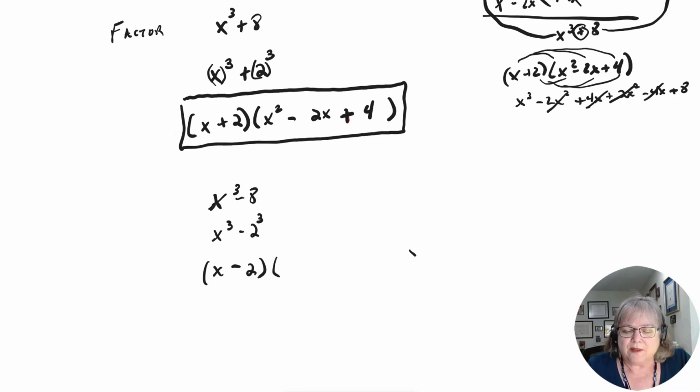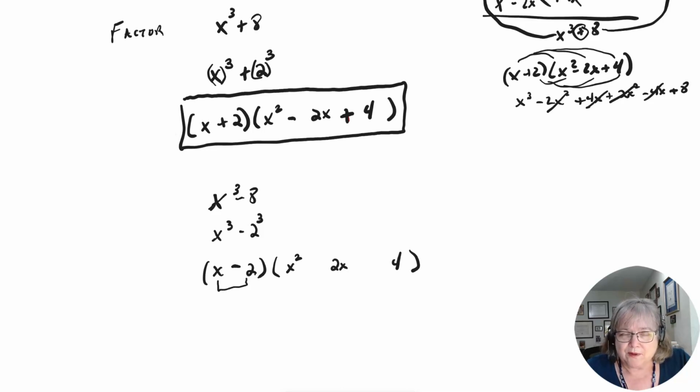Now you're going to build this really long trinomial. And so you take the term in the front, which is x, and square it. Put it in the front. Take the term in the back, which is 2, not a negative 2, it's a 2, and square it. Okay, 2 squared is 4, goes in the back. Front times the back is 2x.